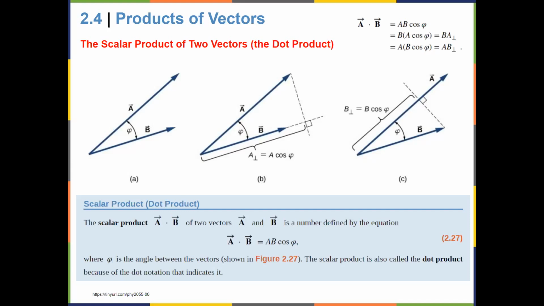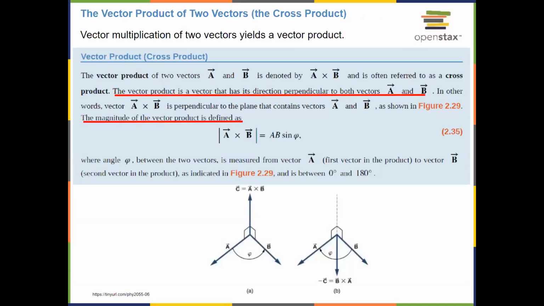We'll see that today. For the dot product, A vector dot B vector gives you the magnitude of A times the magnitude of B times the cosine of the angle between the two. That's the dot product. Now we will talk about the cross product.